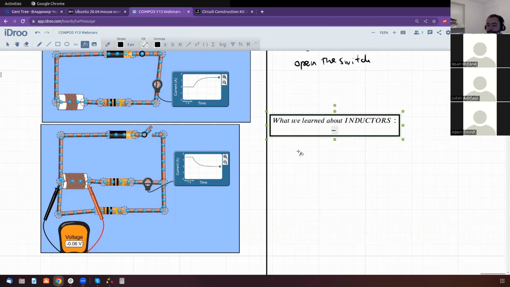Somebody help me? They can be temporary stores of energy. Very good. Yes, they can store energy.